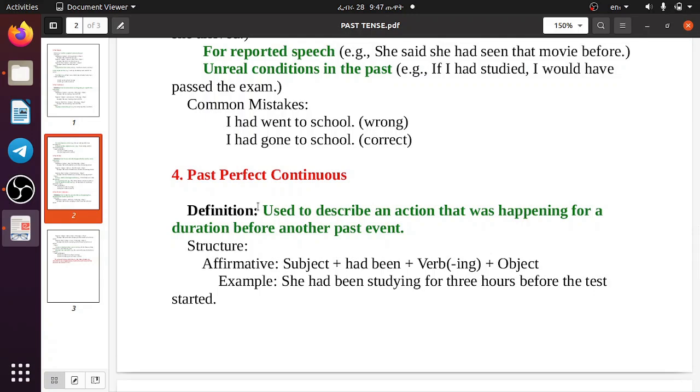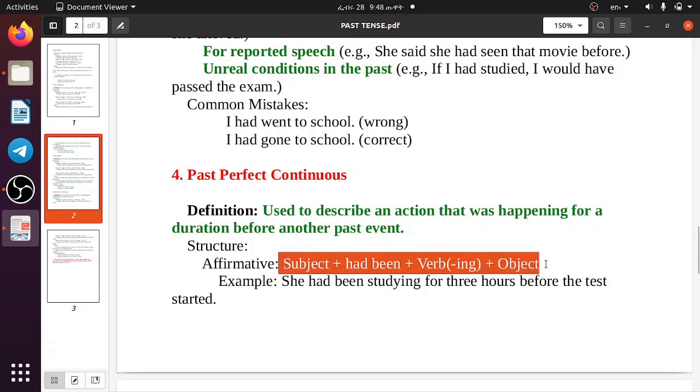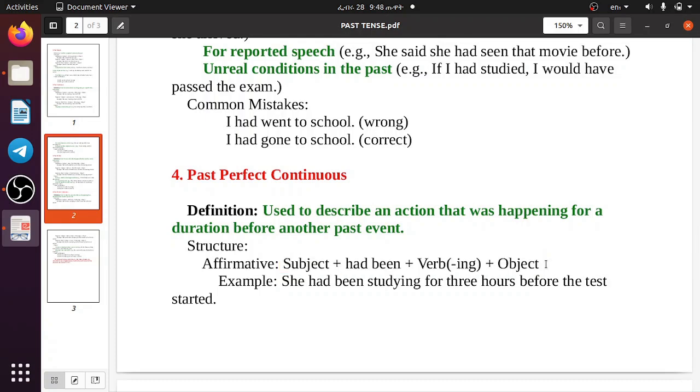Its structure: subject plus had been plus verb ing plus object. We use had been plus verb ing. For example, she had been studying for 3 hours before the test started.